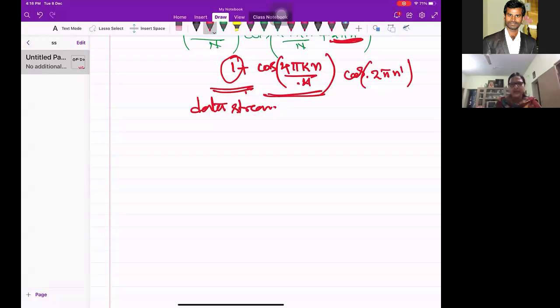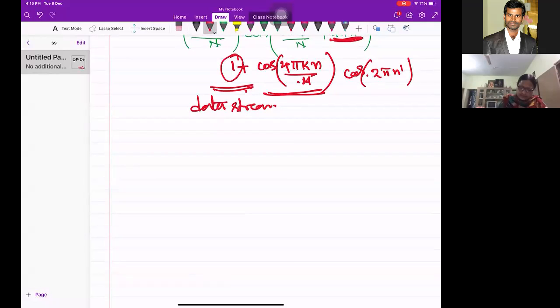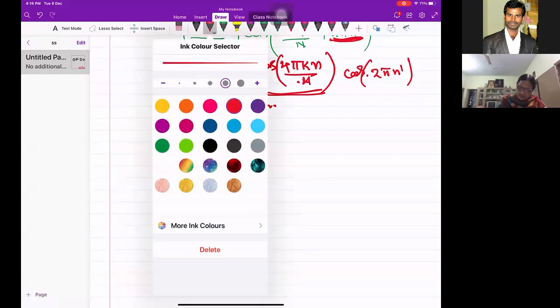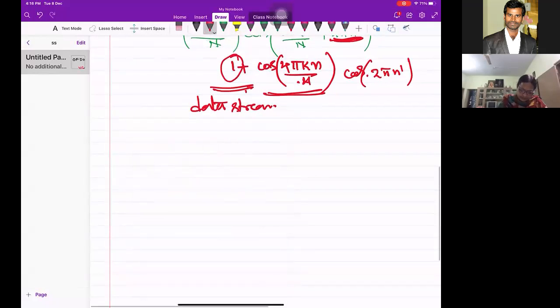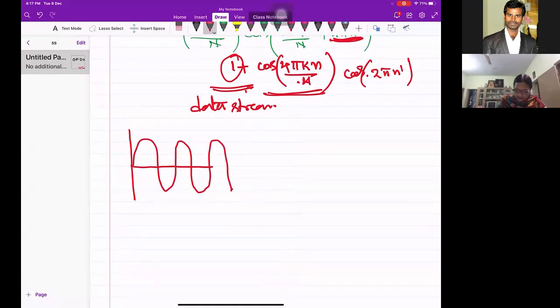So maybe my sinusoidal waveform looks like this. This is my waveform I want to transmit. So I am saying that devices. What are the devices? Light emitting diode.